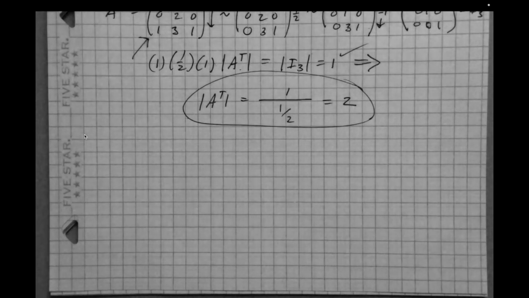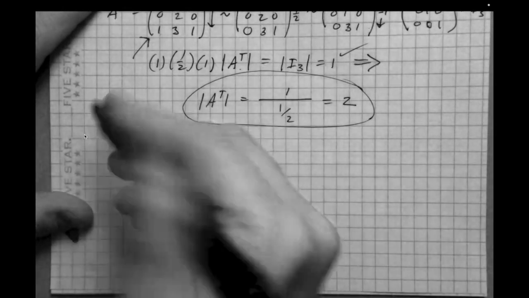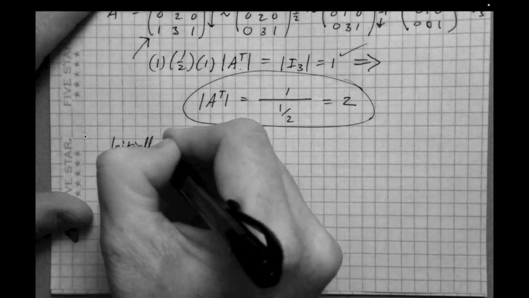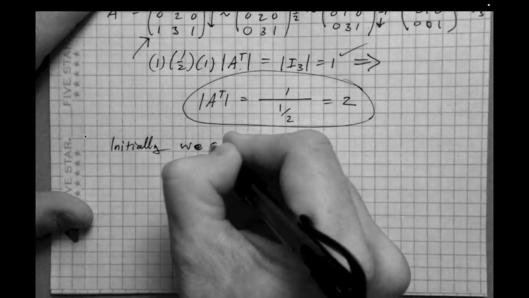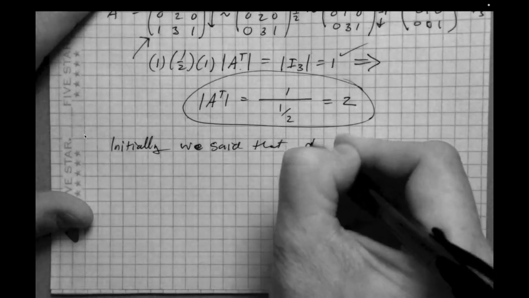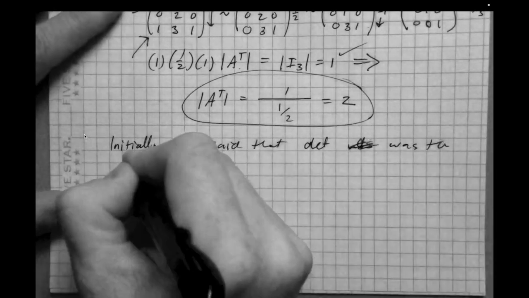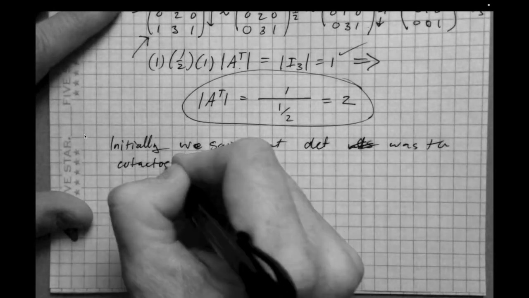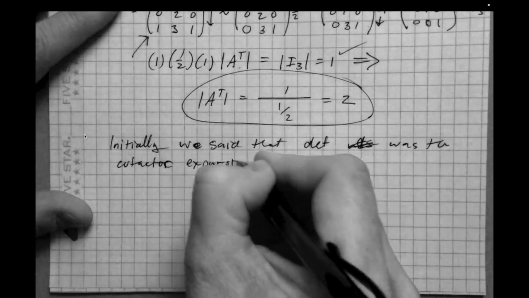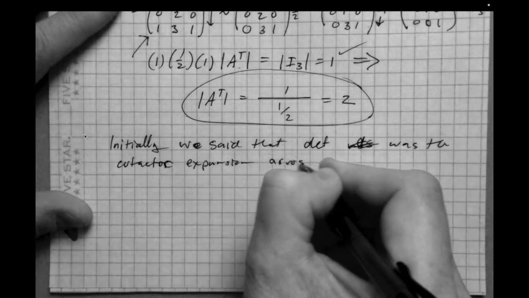And we want to talk about, we actually brought this up previously, but I want to state it formally. When we initially defined the determinant, we said that it's the cofactor expansion across the nth row.